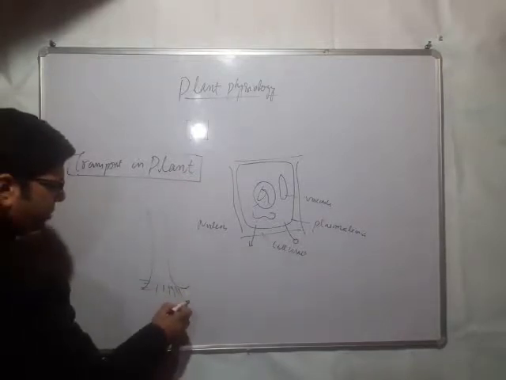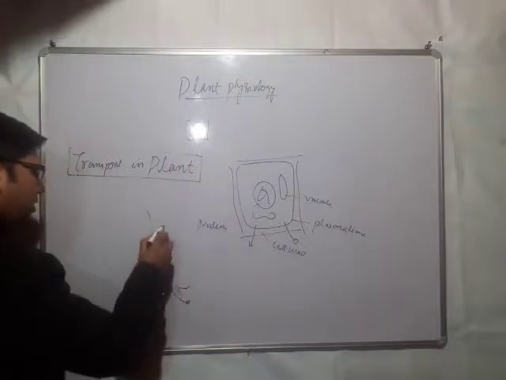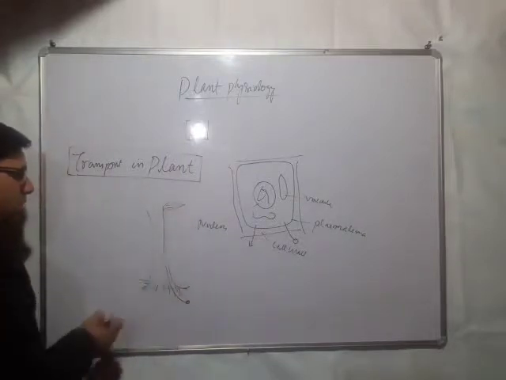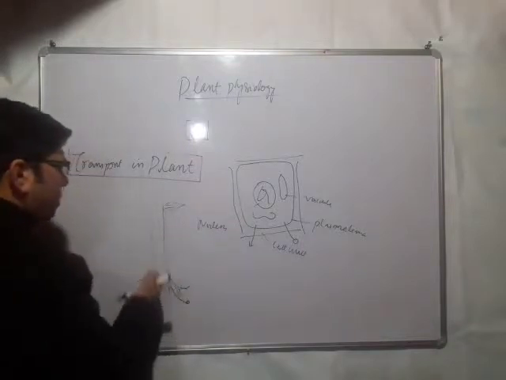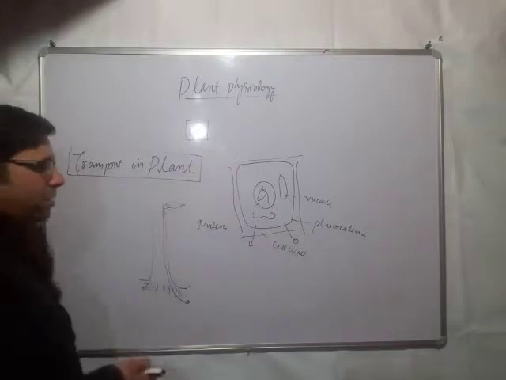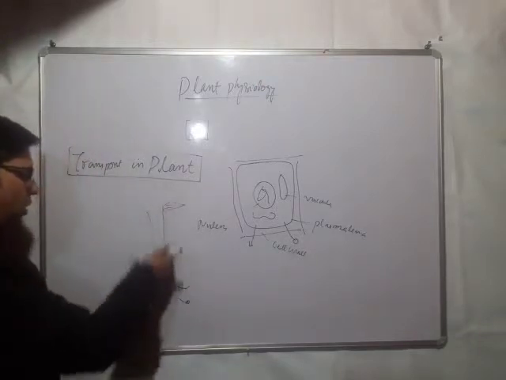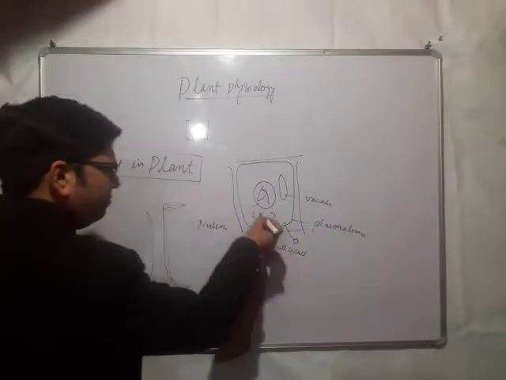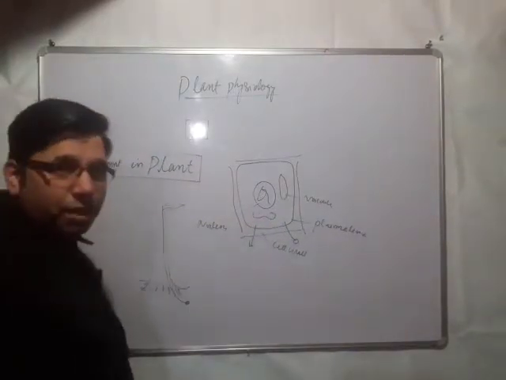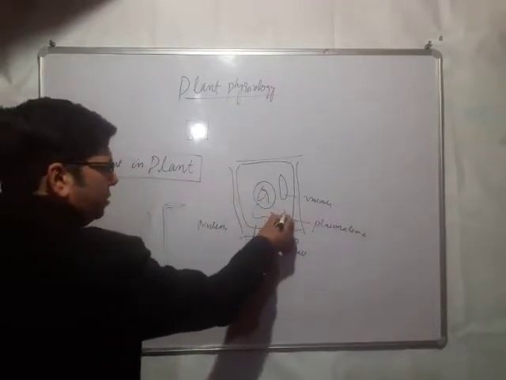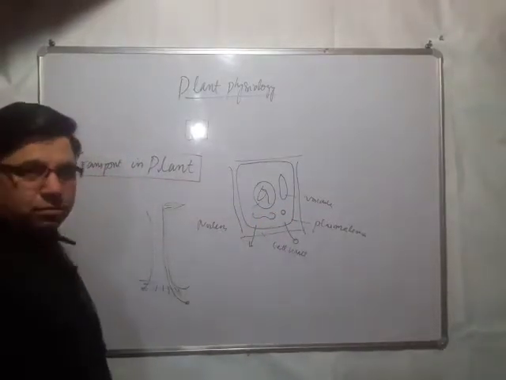Water has to be shifted from here to the apex, to leaves, to floral parts, or leaf parts, or shoot parts. So the transport can be a long transport, or a short transport from one cell to another cell, or from a cell to the neighboring environment. Plus there is a movement within the cell.